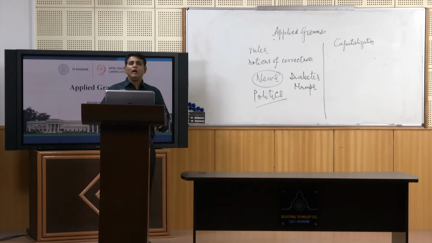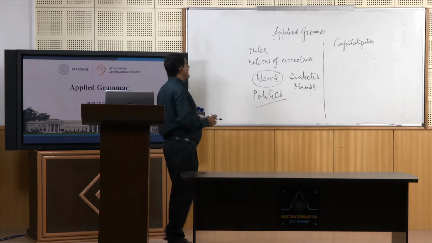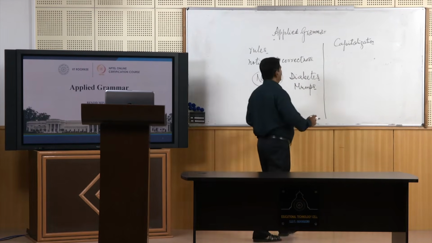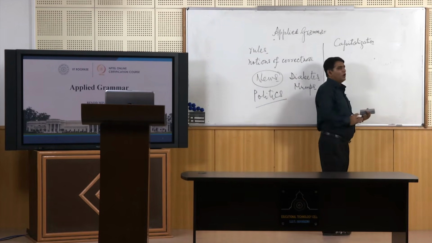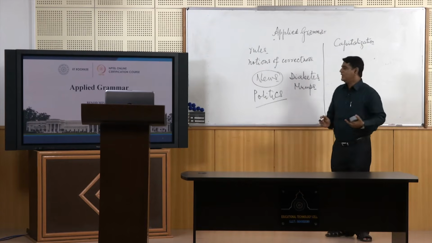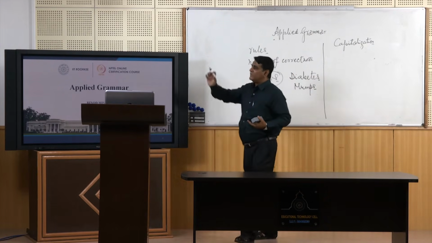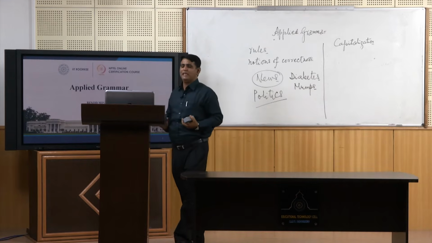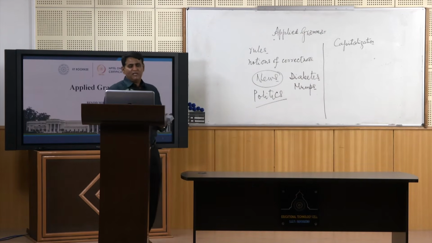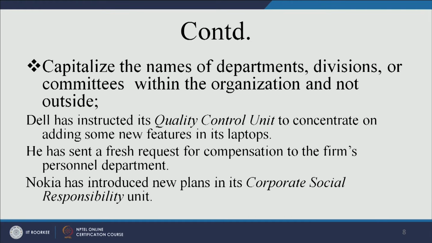Now the ET cell is a part of this institute, so in my sentence I will write ET cell, educational technology cell. I am delivering this lecture from the Educational Technology Cell. It is actually a department within the institute, and that is why it will be written in capital.